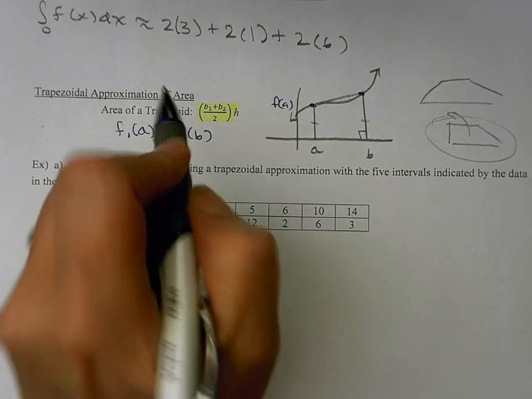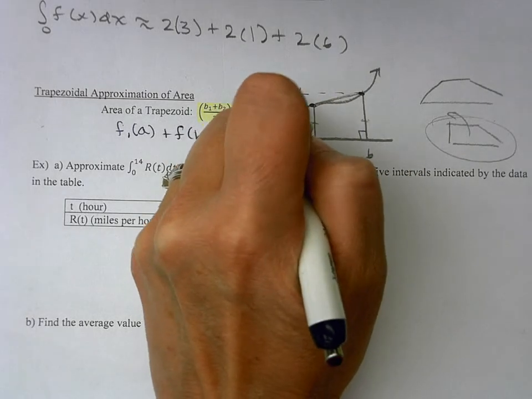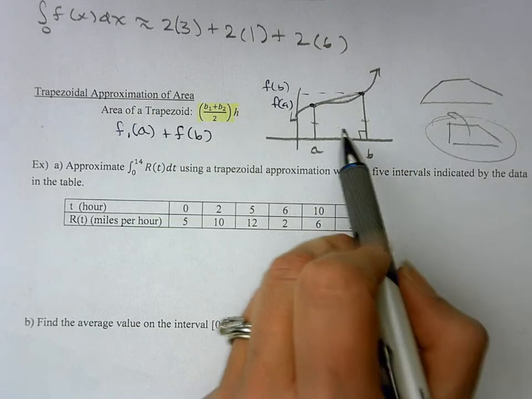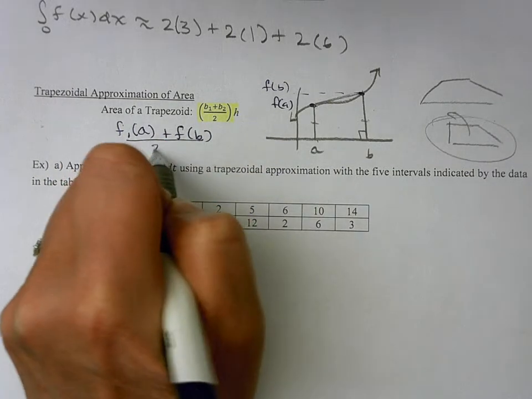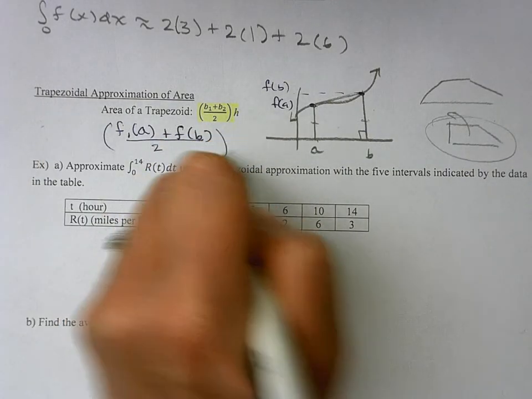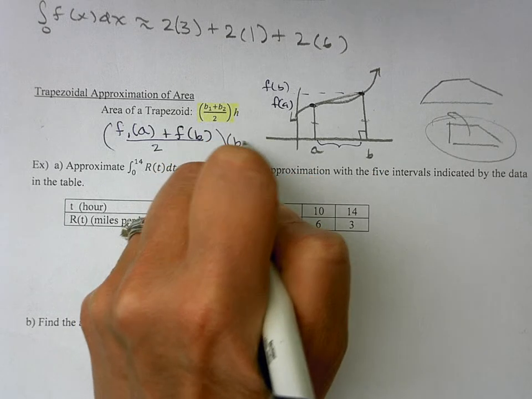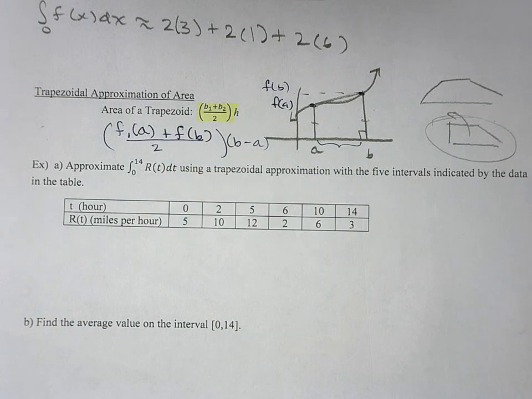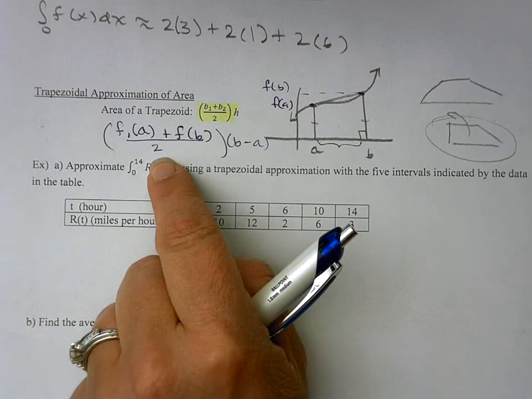So f of a to f of b, we average those values, and then our height is b minus a, our delta x. So it's the average of the y values, times delta x.